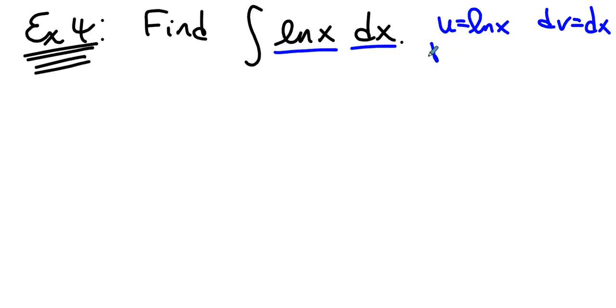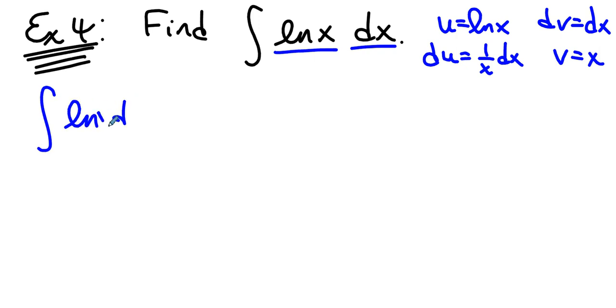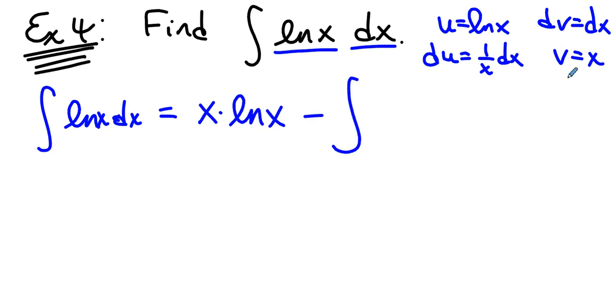It's worth a shot. We know what the derivative of ln x is. The du is 1 over x dx. The antiderivative of 1 is x. So the integral of u dv is uv minus the integral of, well, I'll be. I know how to do that.